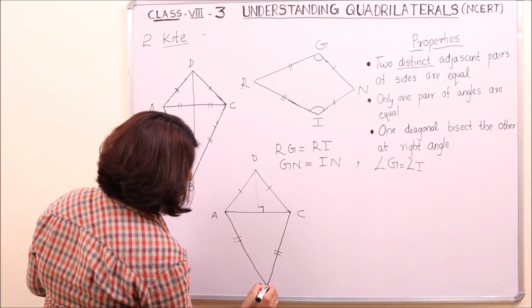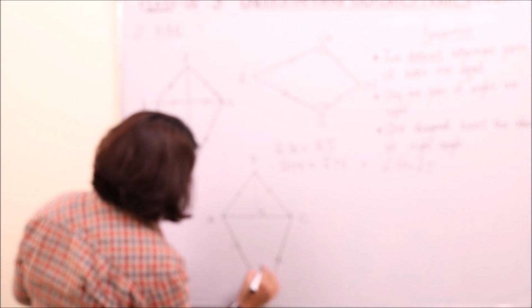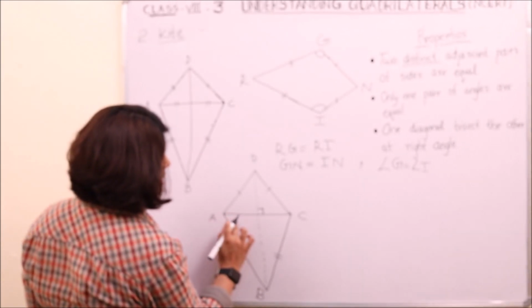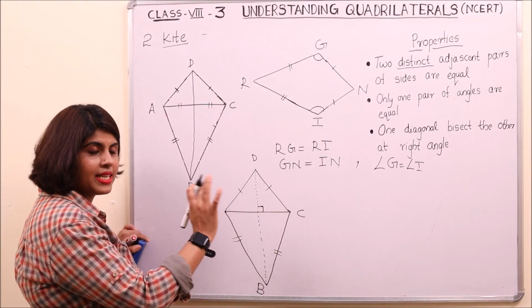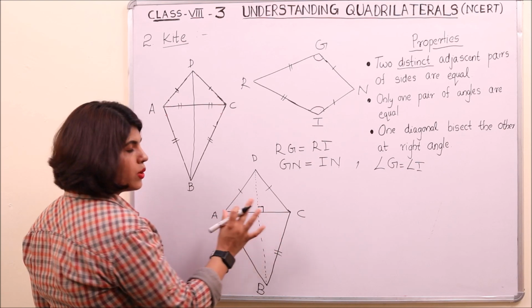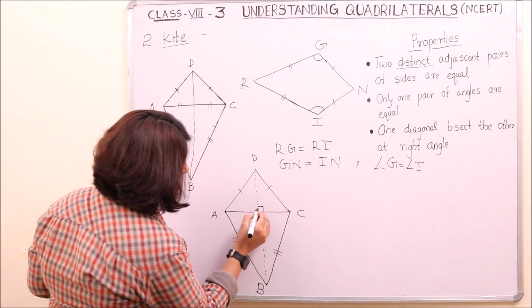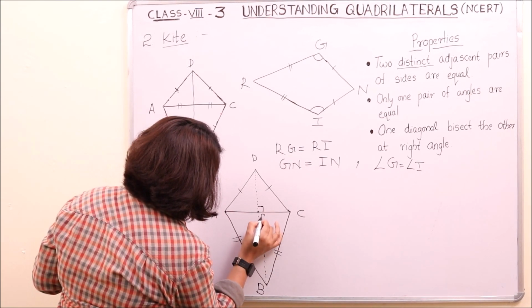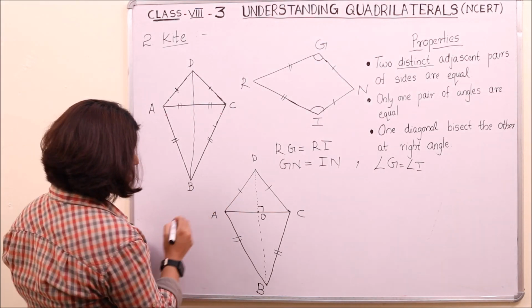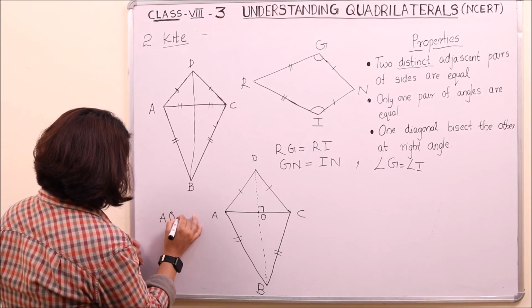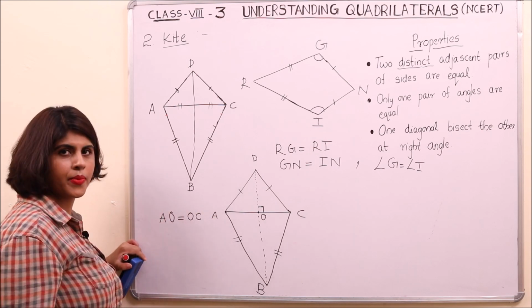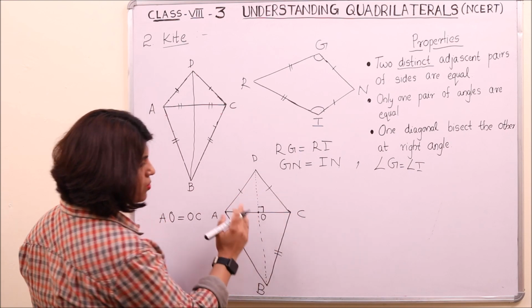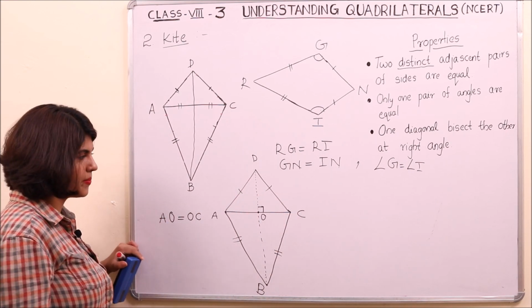So if we are constructing a perpendicular bisector of this triangle ABC, then it will bisect this diagonal AC into two equal parts, right? So these two perpendicular bisectors intersect at the point O, right? That is, in both cases AO equal to OC. Both these perpendicular bisectors divide this AC into two equal parts, right?